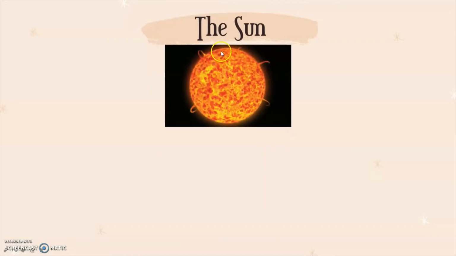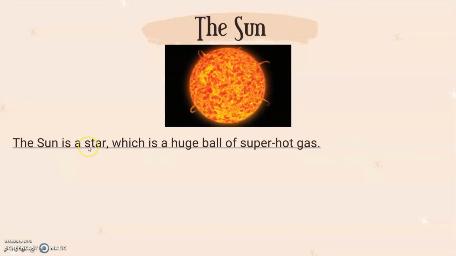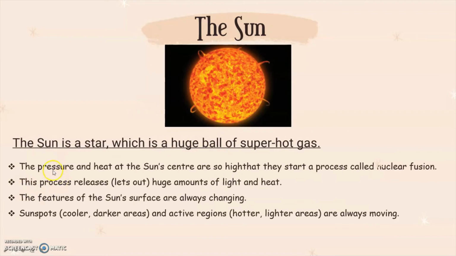Next, the Sun. The Sun is a star, which is a huge ball of super hot gas. Like this. So the color is red or maybe orange, yeah? The pressure and heat at the Sun's center are so high that they start a process called nuclear fusion.